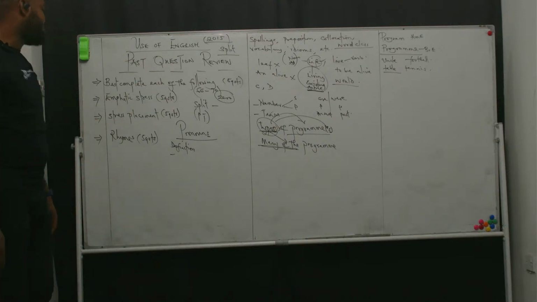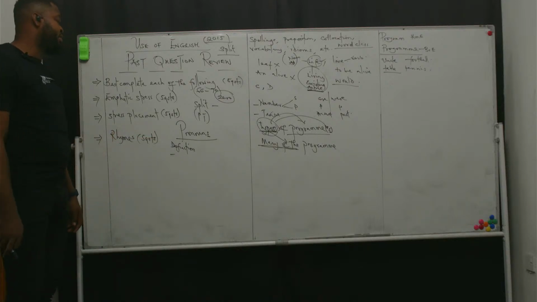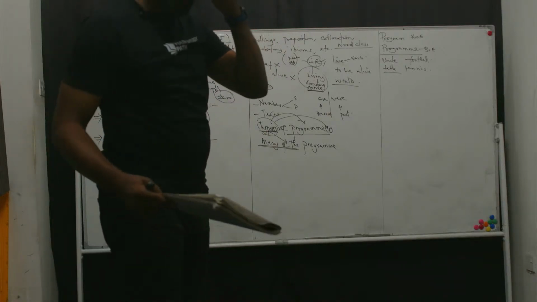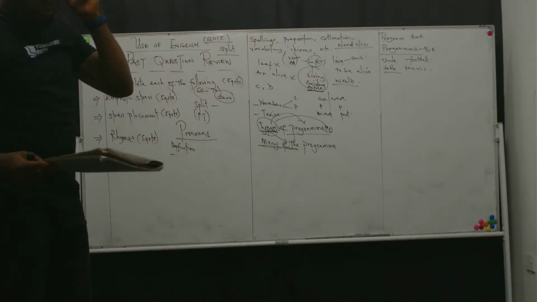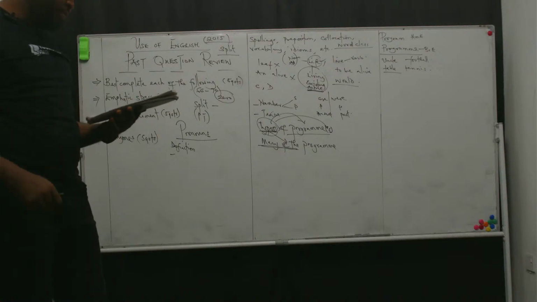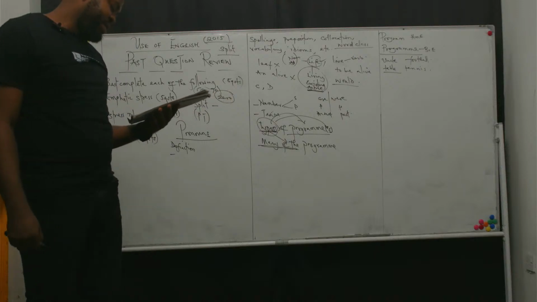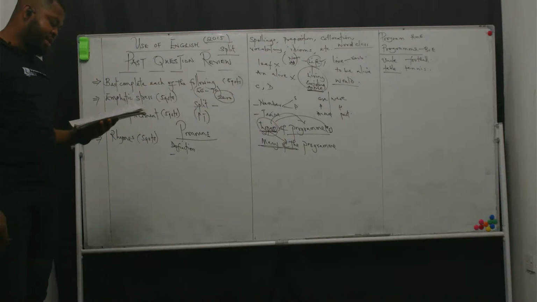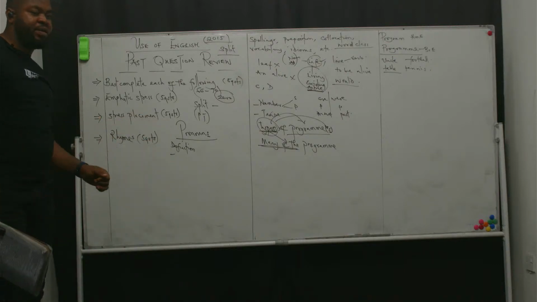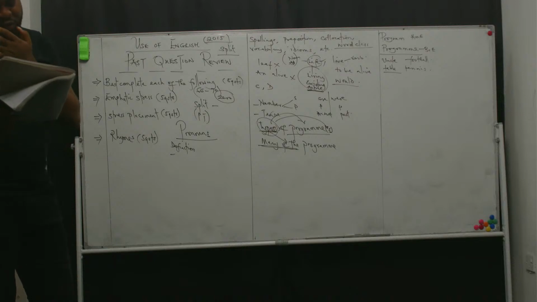Okay. So six questions from emphatic stress, and then we'll move to stress placement. So you would basically answer 95, 96, and 97. All right. So stress placement, five questions.